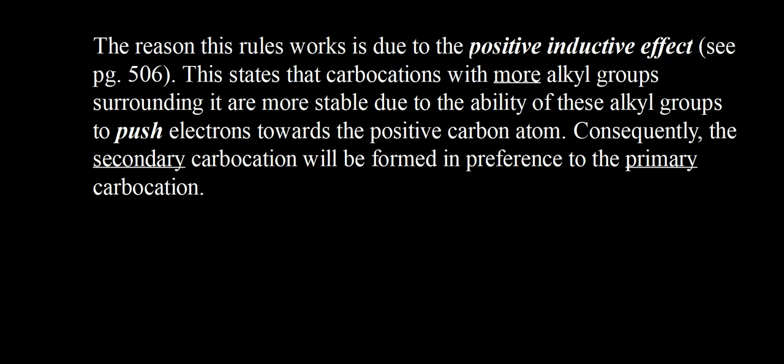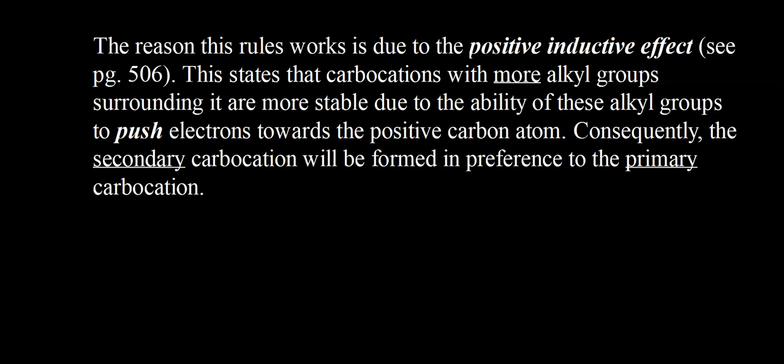It states that carbocations with more alkyl groups, so more carbons basically, surrounding it are more stable due to the ability of these alkyl groups to push electrons towards the positive carbon atom. Consequently, the secondary carbocation is more stable and will be formed in preference to the primary carbocation, which is less stable.